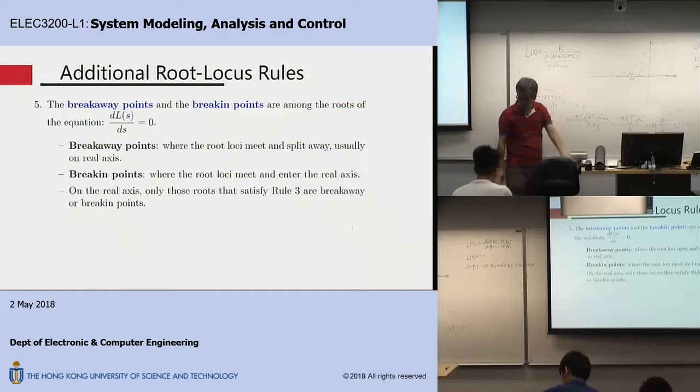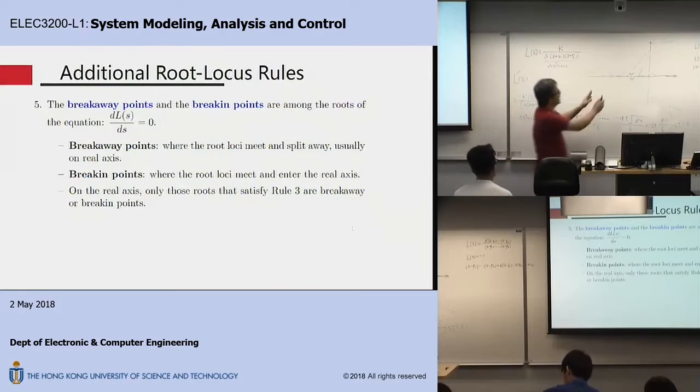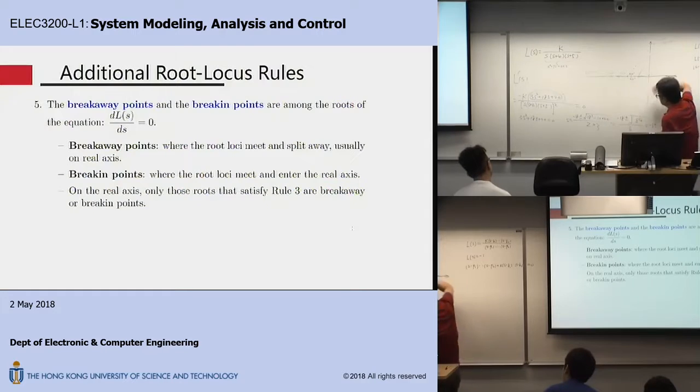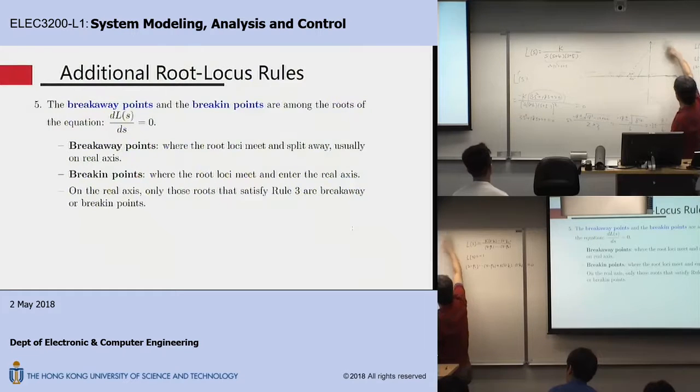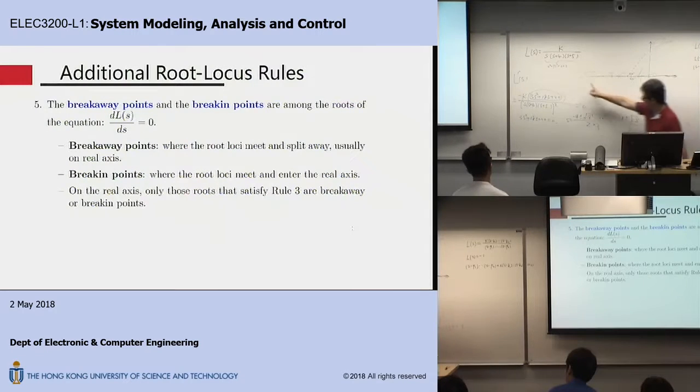The closed loop poles are in the root locus, here and there. When k is small, the closed loop poles are near here. When k is huge, they are there. When k is intermediate, of course, they are just like that.